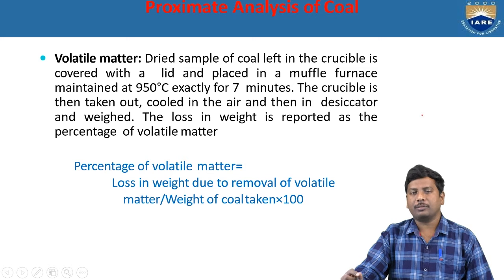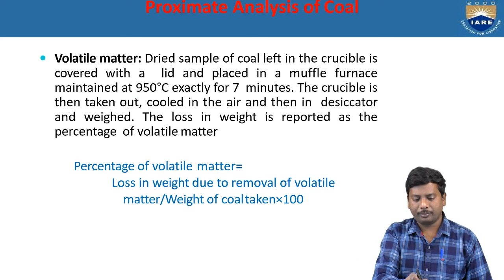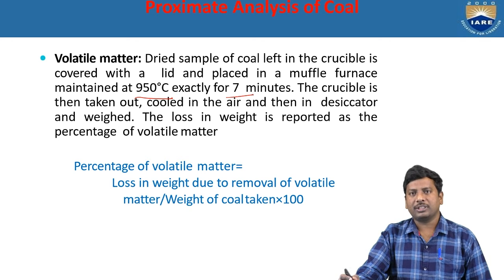The second one is volatile matter. The dried sample of coal left in the crucible is covered with a lid and placed in a muffle furnace maintained at 950 degrees centigrade for exactly 7 minutes. So these are the conditions for volatile matter: temperature 950 degrees and required time 7 minutes. The crucible is then taken out, cooled in air and then in a desiccator, and weighed.